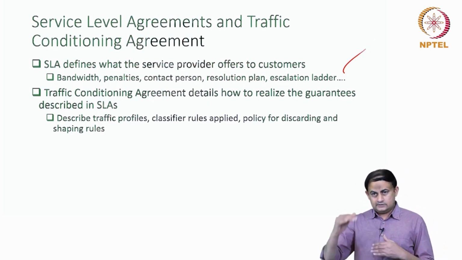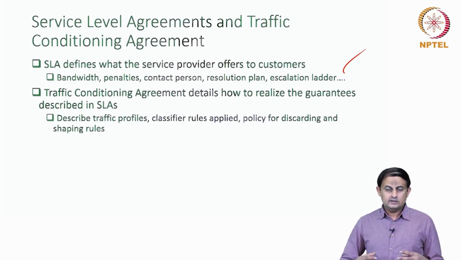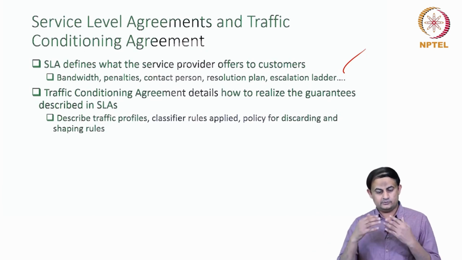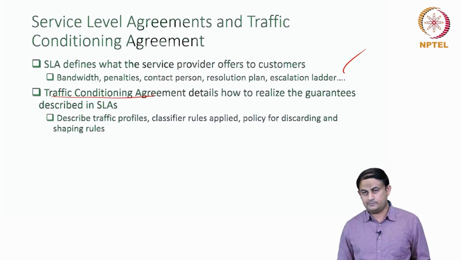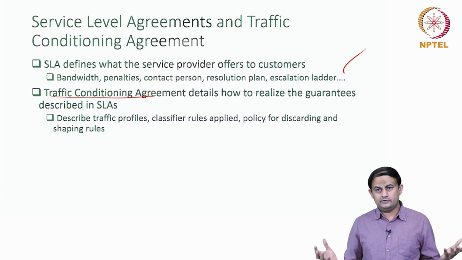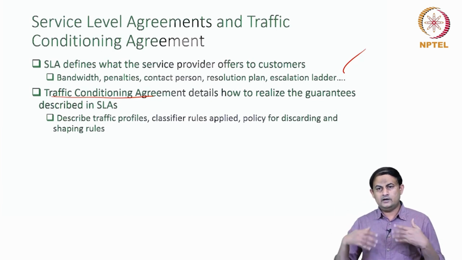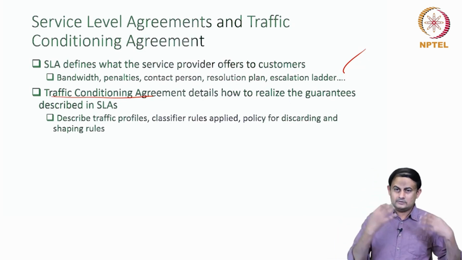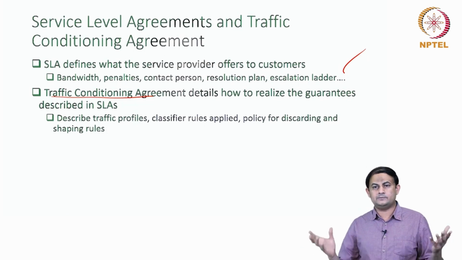This service level agreement is more of a non-technical specification, and in order to realize these non-technical requirements into reality, there is something called traffic conditioning that is defined. So I am going to give you this kind of service model, and in order to realize those service level agreements, the end user traffic needs to conform to something called the profile.